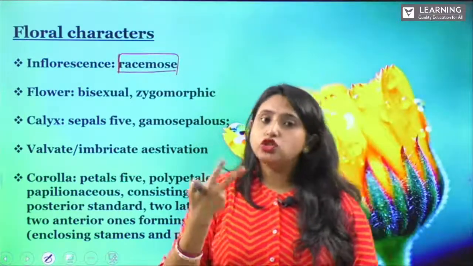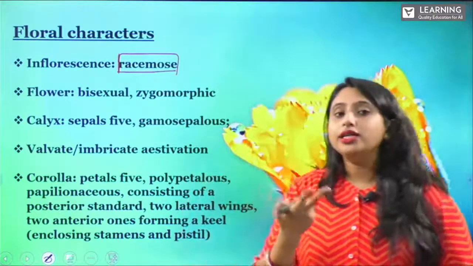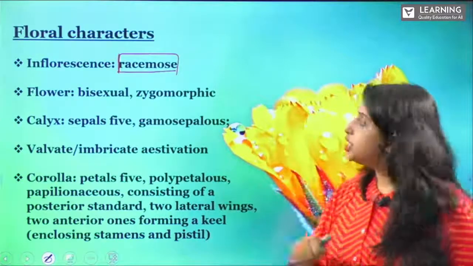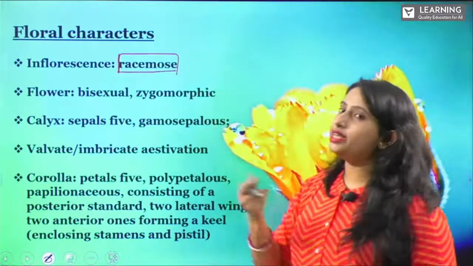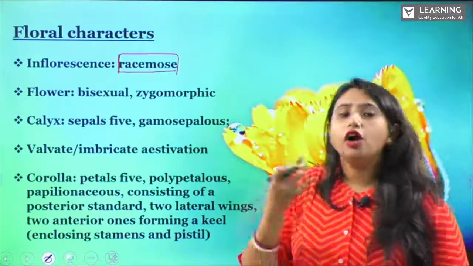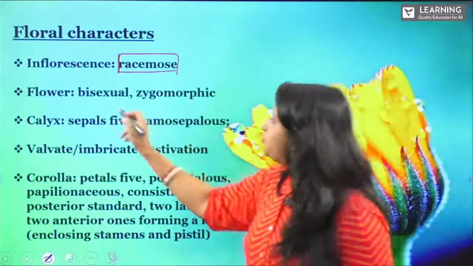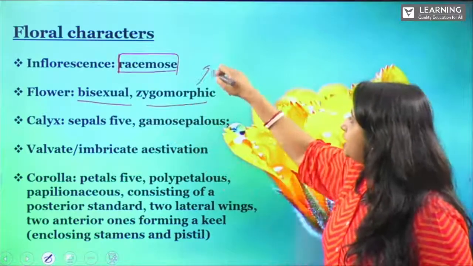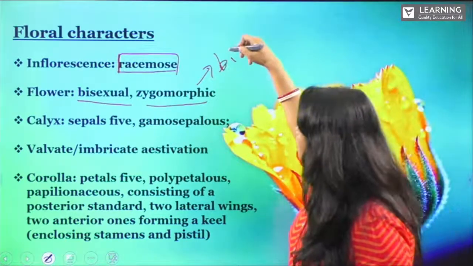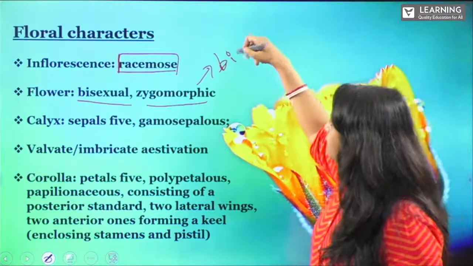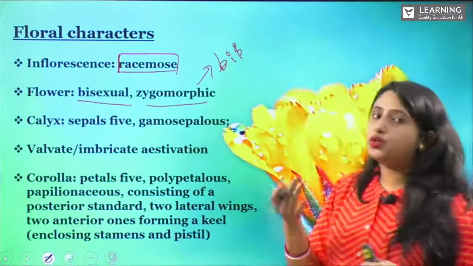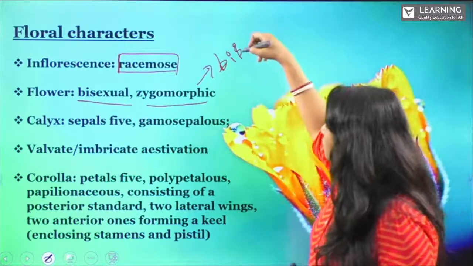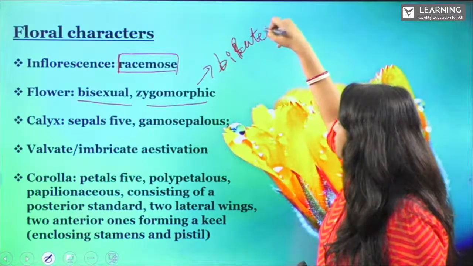You know that there are two types of inflorescence, one is racemose, the other is cymose. They show racemose, that is, the flowers are continuously growing on the tip. Then the flowers are bisexual and zygomorphic, that is, they show bilateral symmetry, so they can be divided into halves.